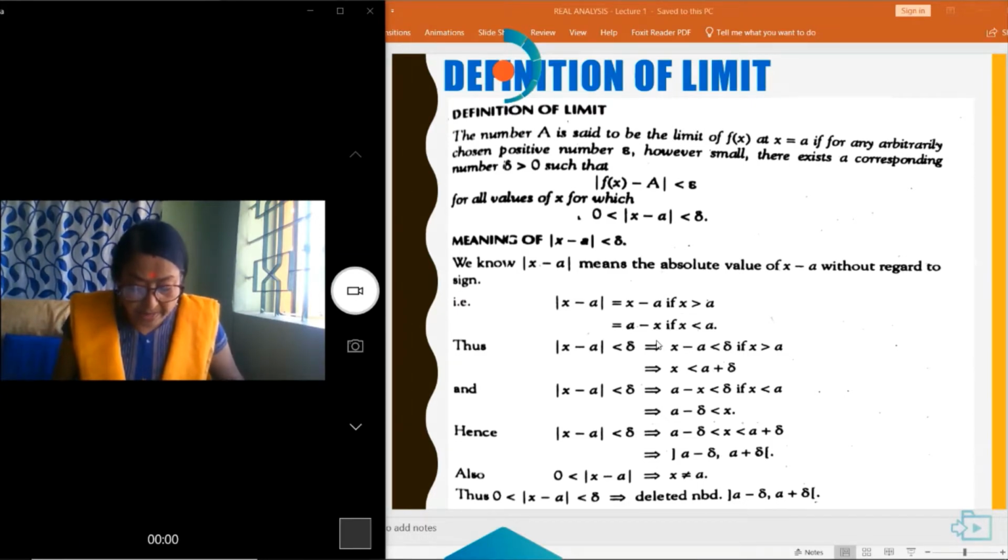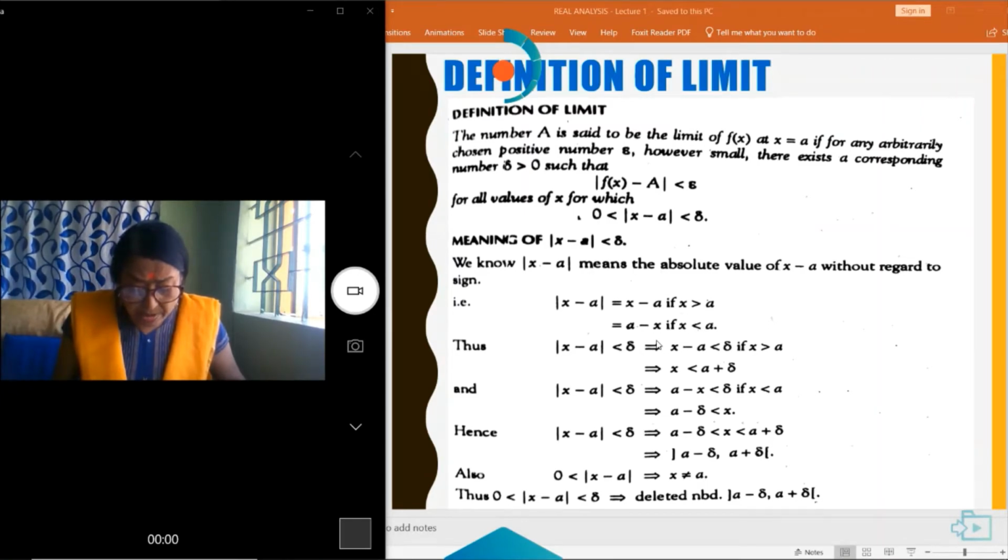Modulus of x minus a can be written as x minus a if x is greater than a, and a minus x if x is less than a.